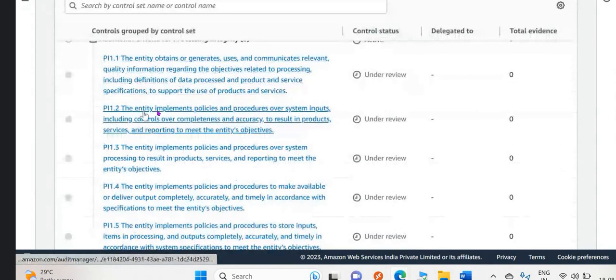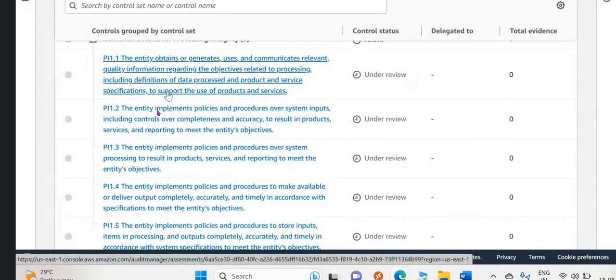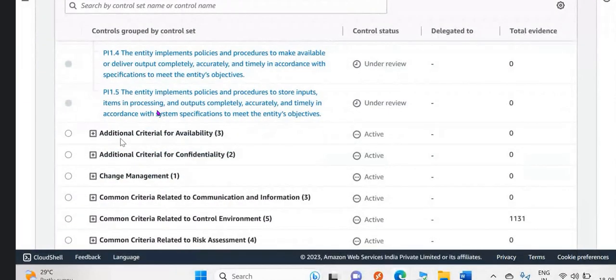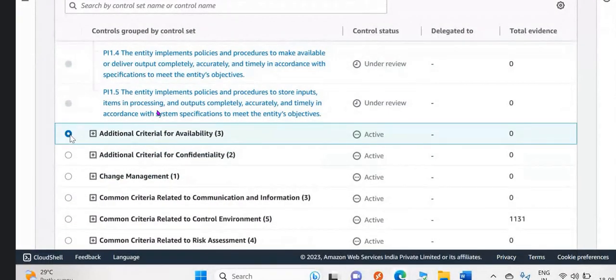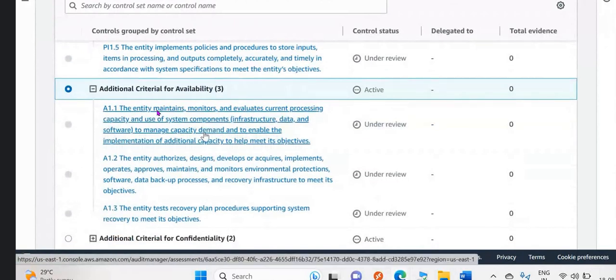So the entity obtains or generates and uses relevant quality information. So there are all these different pieces of information. You don't need to go through each and every sentence and word here, but at a high level you need to understand that there is something like this.